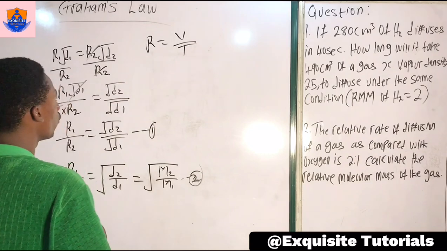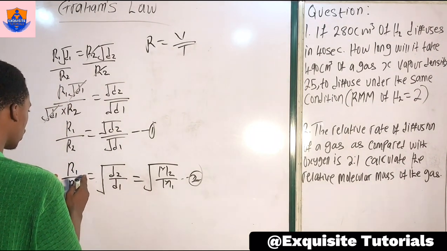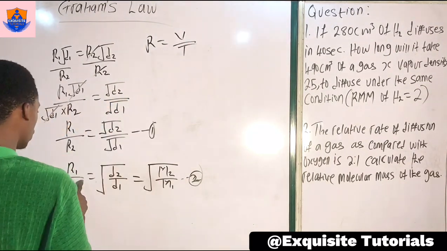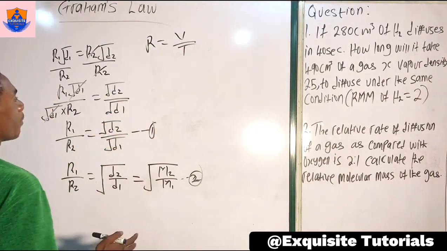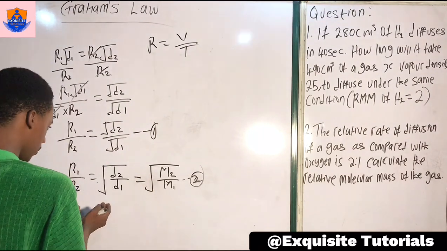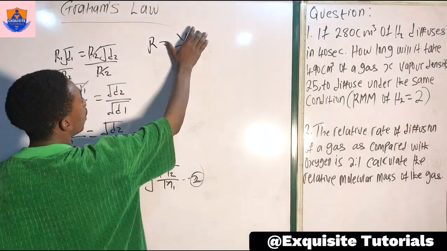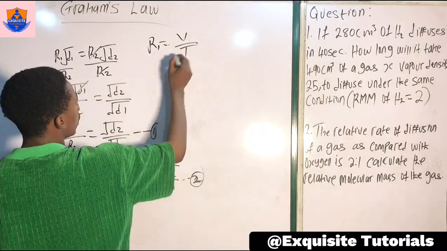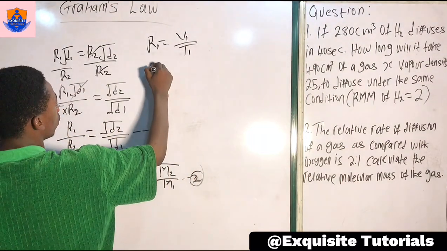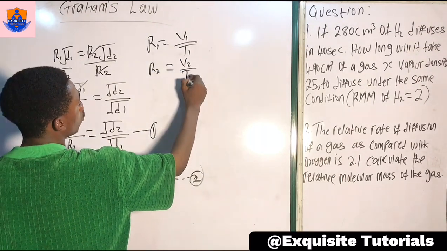So now we replace the rate with volume over T, and we'll be substituting a new equation in this equation. The first rate, rate 1, is V1 over T1, and rate 2 is V2 over T2.